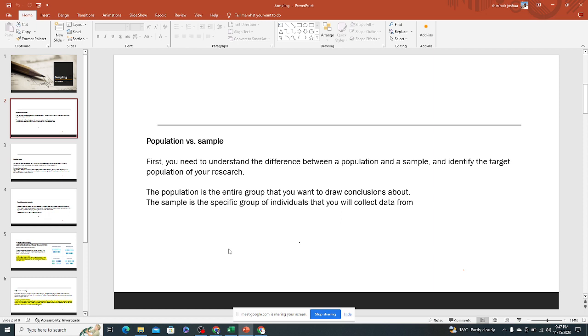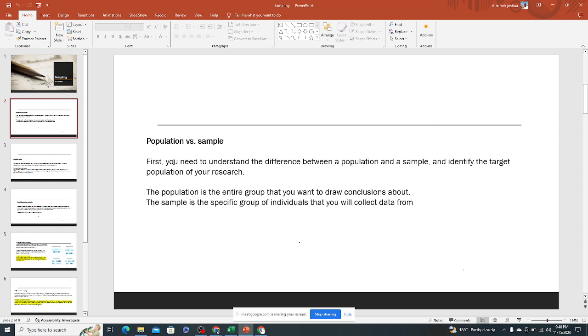It would be hard to interview or get feedback from all 90,000 people, so I might decide to take a portion of that population to represent the others. That becomes our sample data.